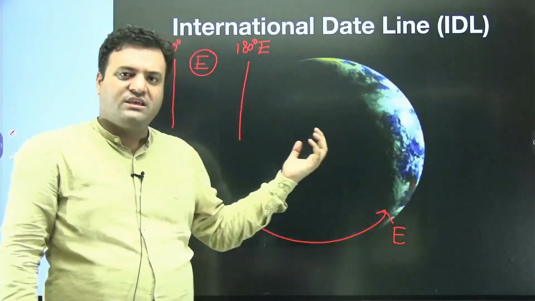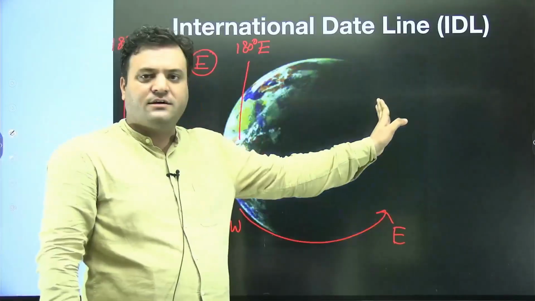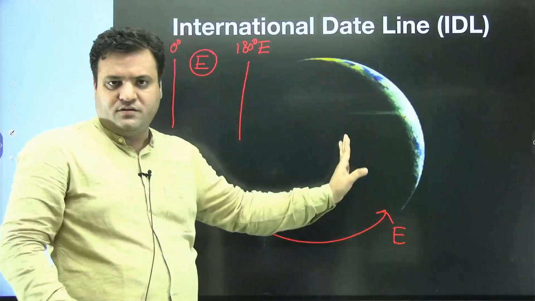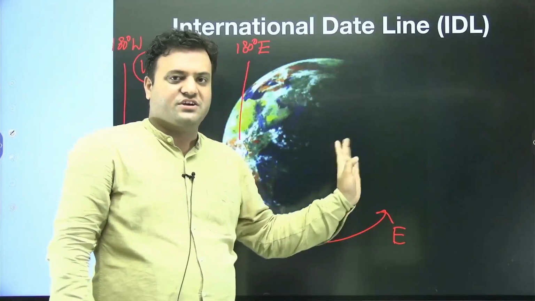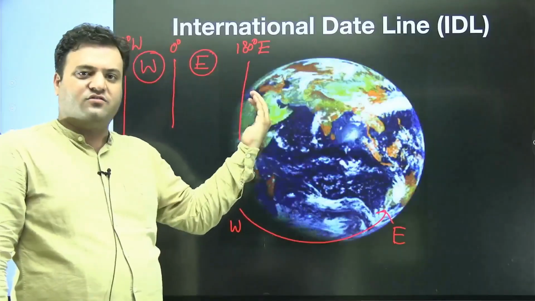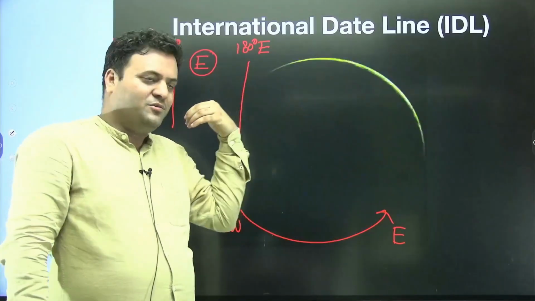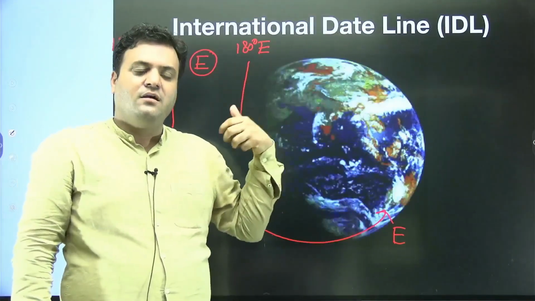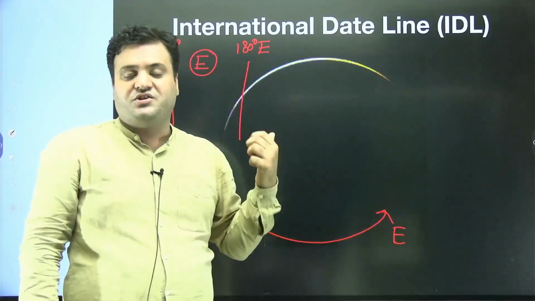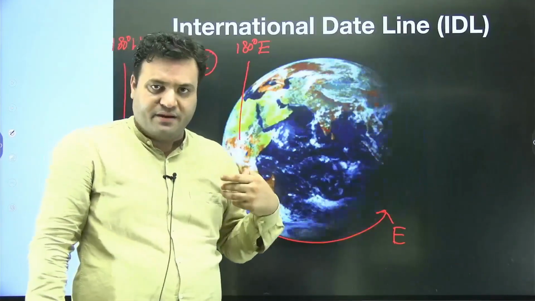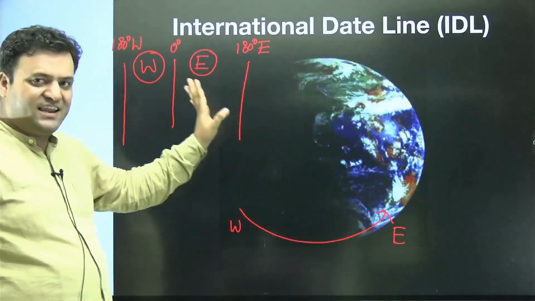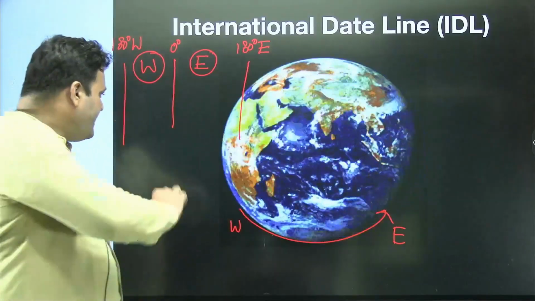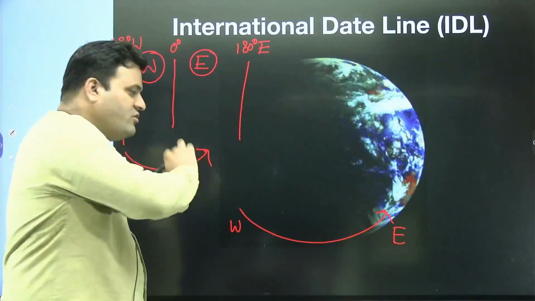All I want to say here is that Japan will see the sunrise first, if we take a reference in this particular situation, and if we see the USA, that will be the location where the sunrise will be seen much later, much behind as compared to Japan. It's because the Eastern Hemisphere remains ahead in time and the Western Hemisphere remains behind in time. And here, similarly, the Earth is rotating.